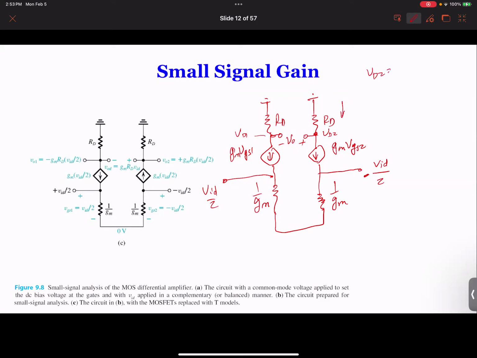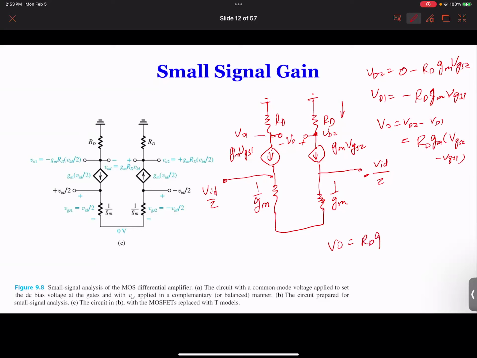So VD2 is equal to 0 minus RD times GM times VGS2. And VD1 is equal to minus RD times GM times VGS1. And VO equals VD2 minus VD1, that's equal to RD times GM times (VGS2 minus VGS1).